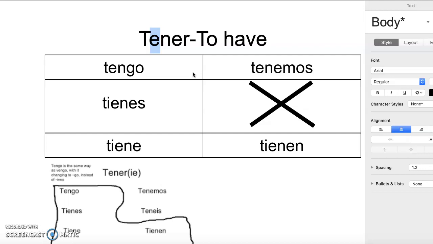So in my notes, when I write that E changes to IE, I write E changes to IE inside the boot, except for, okay, so let's restate what I just said for those of you taking notes that need it in words. E changes to IE inside the boot, except for the yo form.